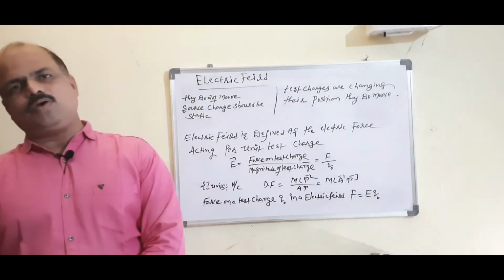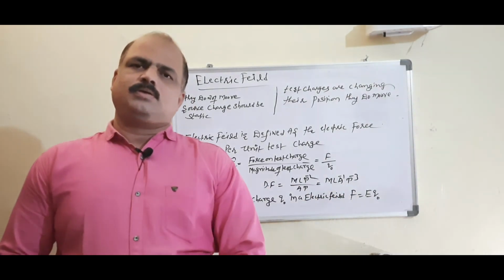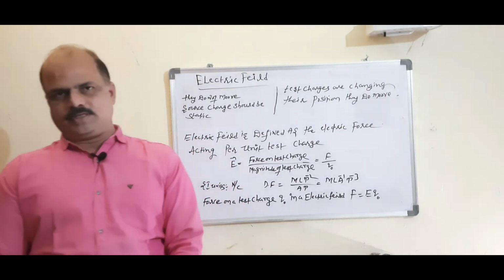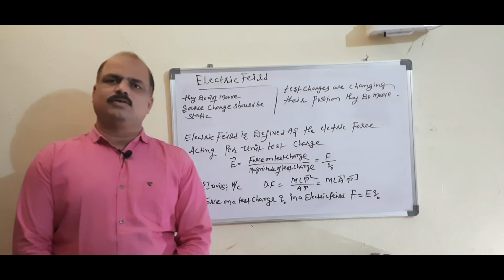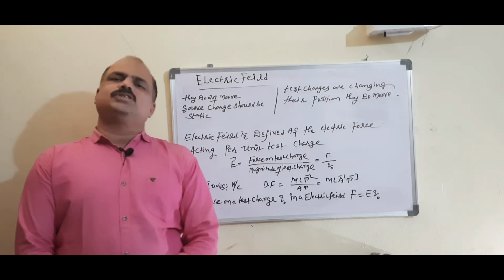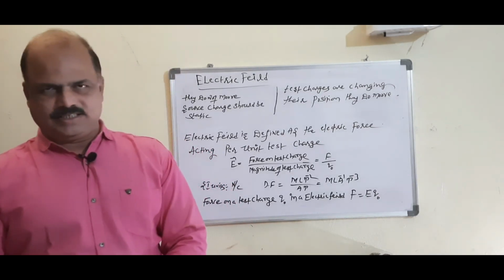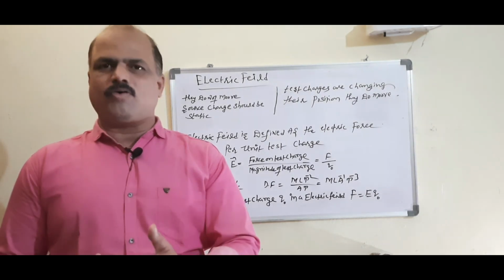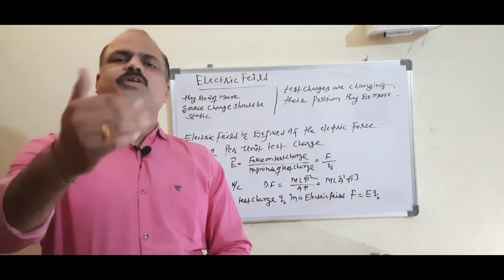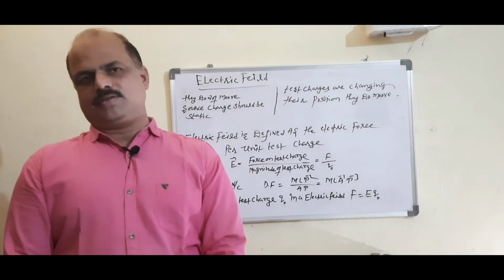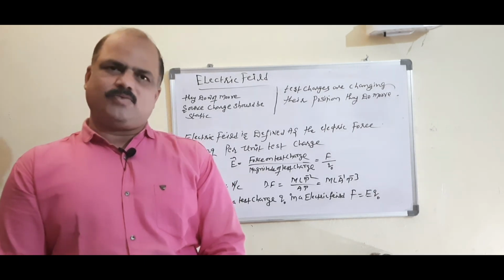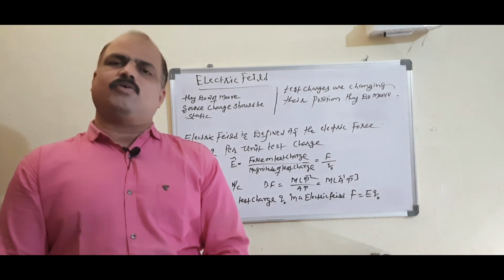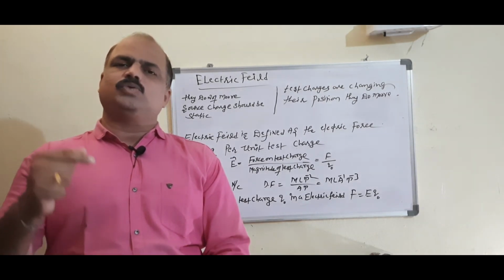F is equal to E into Q naught. And electric field is a vector, whose direction is in the direction of motion of a unit positive test charge. Very important: the direction of electric field is in the direction of motion of unit positive test charge.